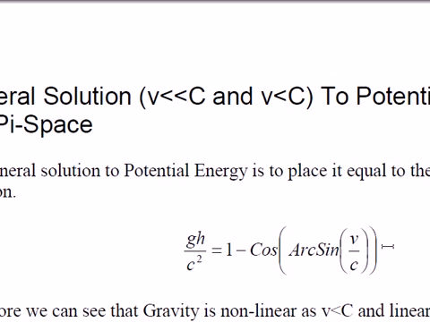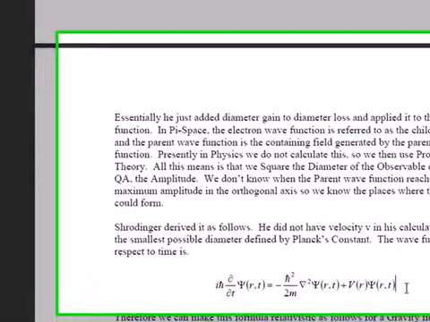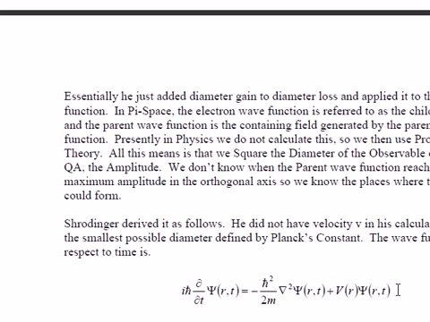So let's take this kinetic energy equals potential energy formula, and let's apply it to Schrodinger's wave equation now. This is Schrodinger's wave equation. He developed this when he was in Austria, if I recall correctly.